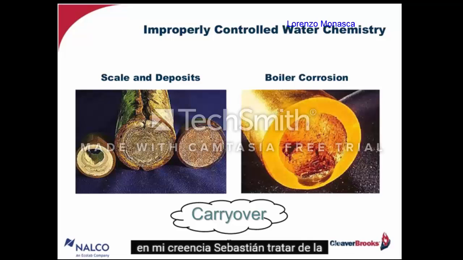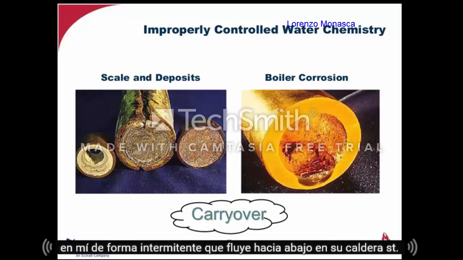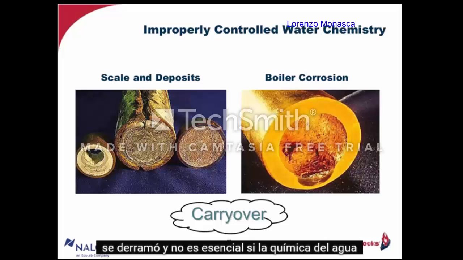So that's just a heads up for any future references that I may forget to specify that. Some of you may be intermittently blowing down your boiler, and as Steve said as well, that's to get the particulate and the sludge, and it's not to control the boiler water chemistry.